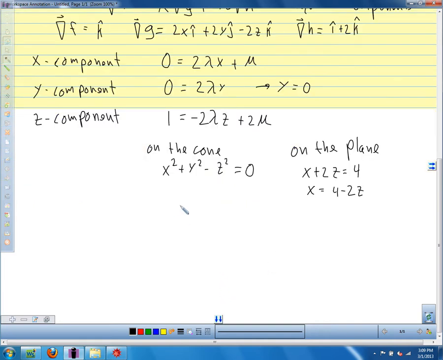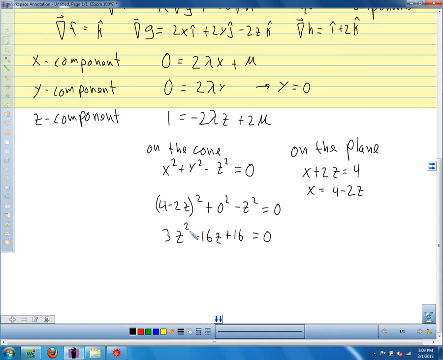So I have (4 minus 2z) squared plus, we know that y equals 0, so 0 squared, minus z squared equals 0. I'm going to square this and simplify, and I get 3z squared minus 16z plus 16 equals 0.